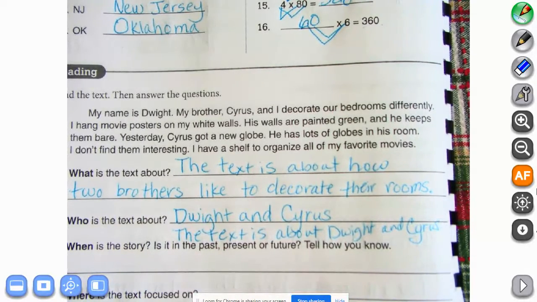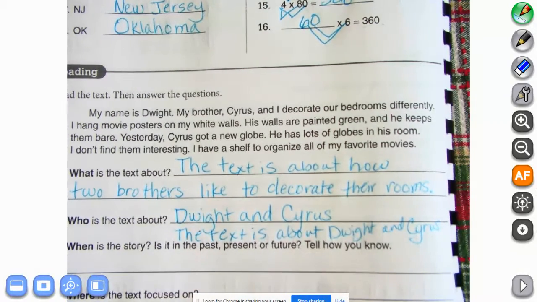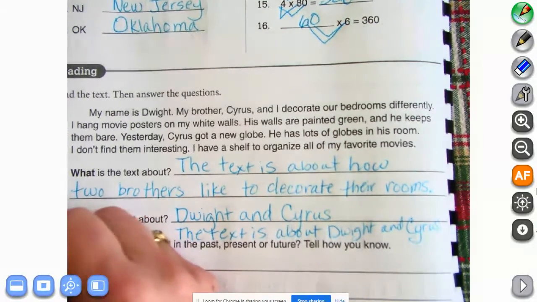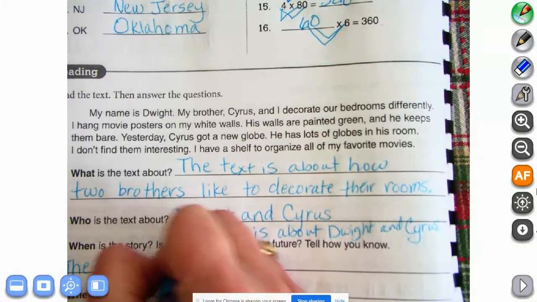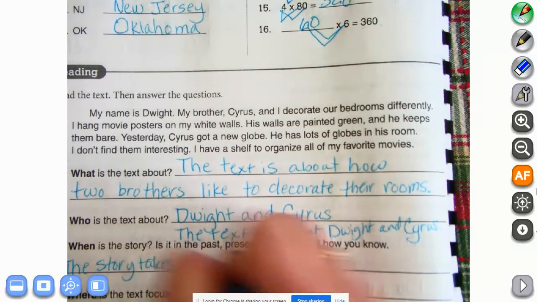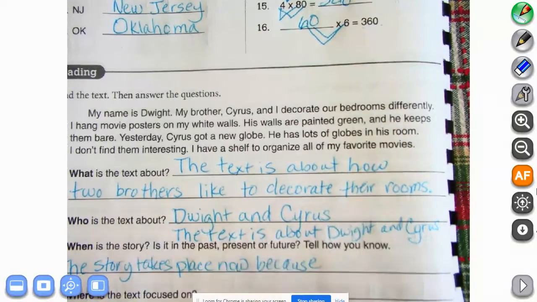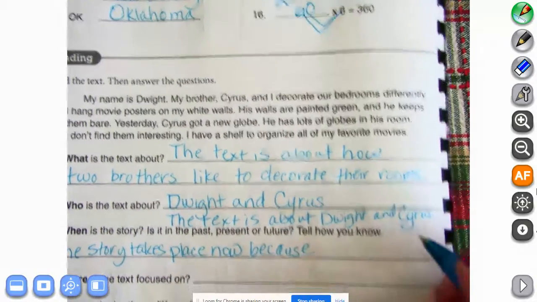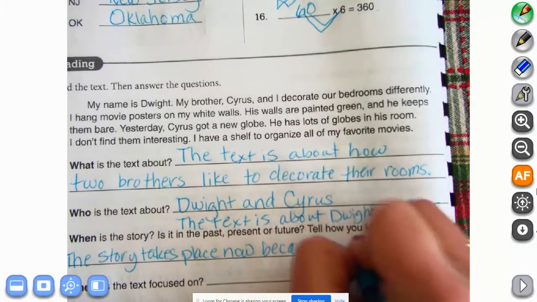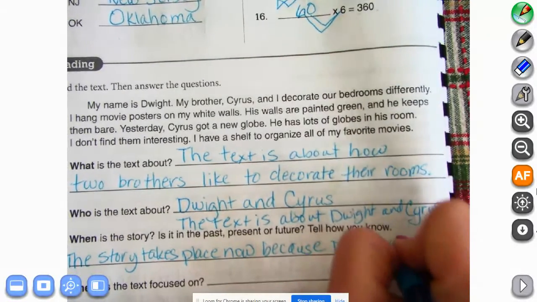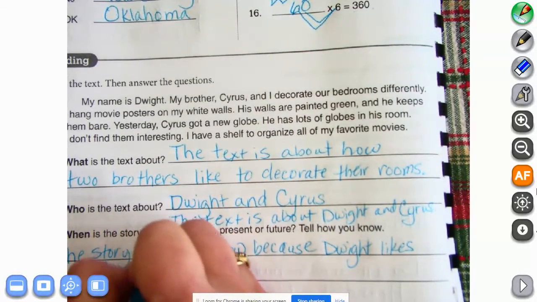Okay. When is the story? Is it in the past, present, or future? How do you know? The story takes place now because Dwight likes to decorate with what thing?